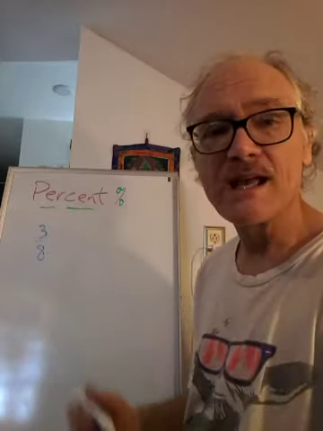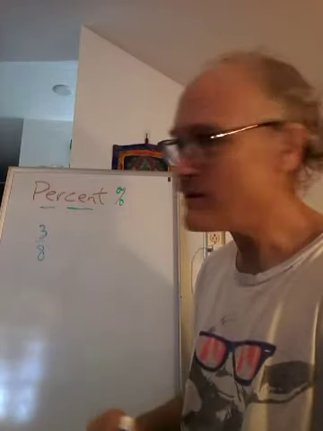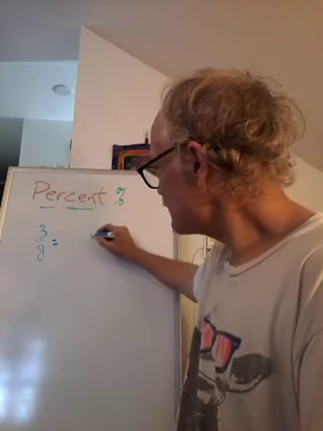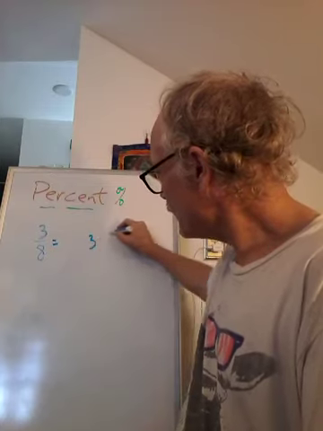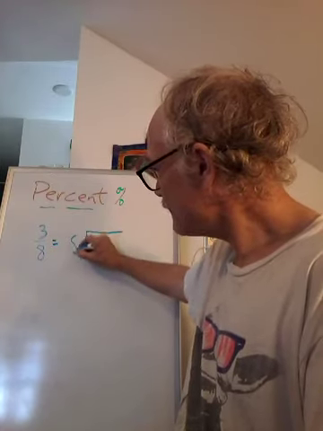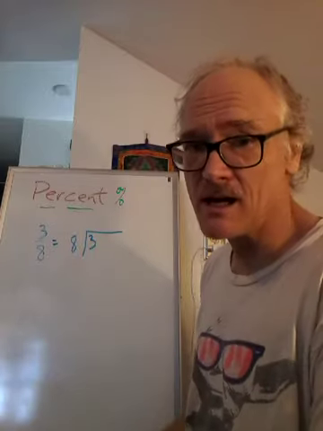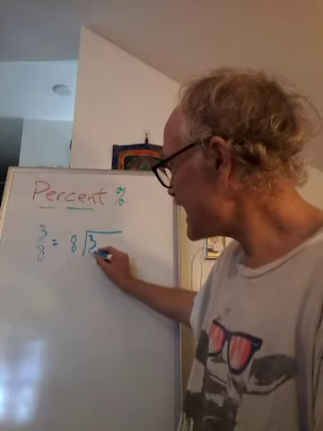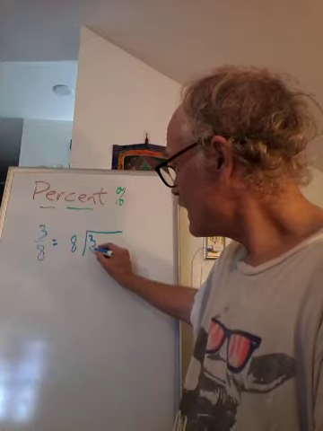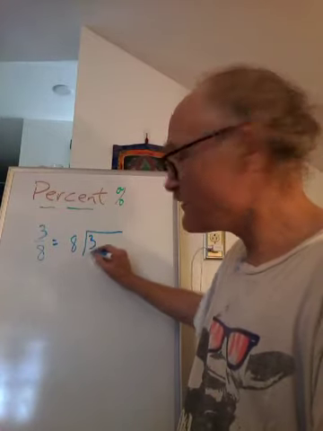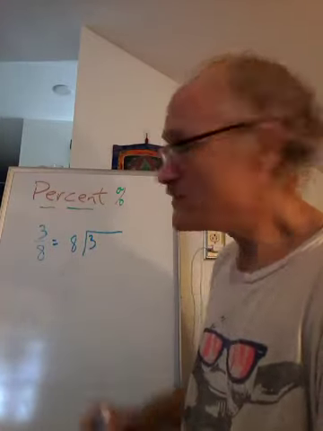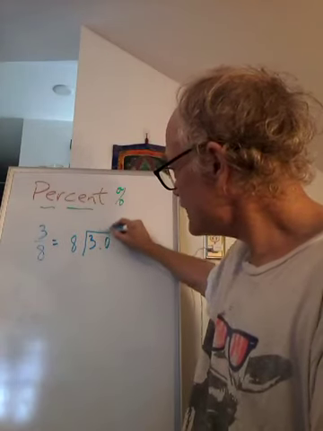All we do is divide the numerator by the denominator. So that means I put the numerator under my division symbol and I divide it by the denominator. Automatically I start to get a decimal. Why? Because I cannot divide 3 evenly by 8. So I'm going to have to use a decimal.